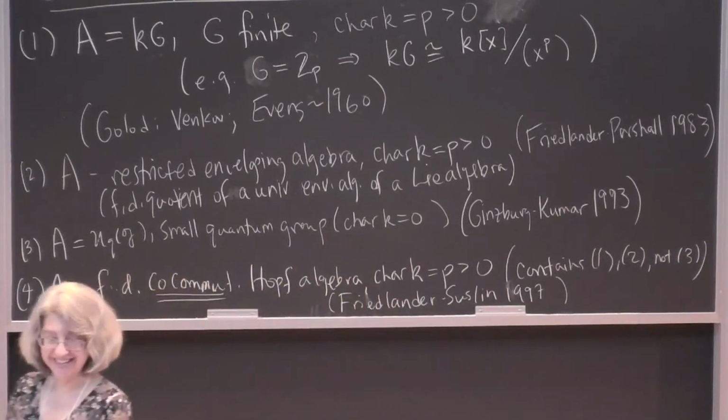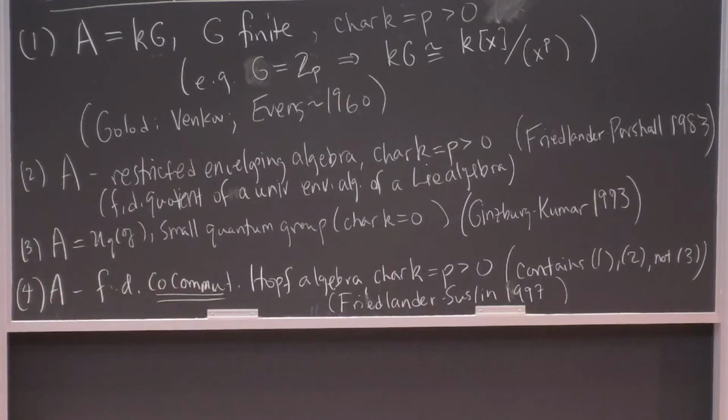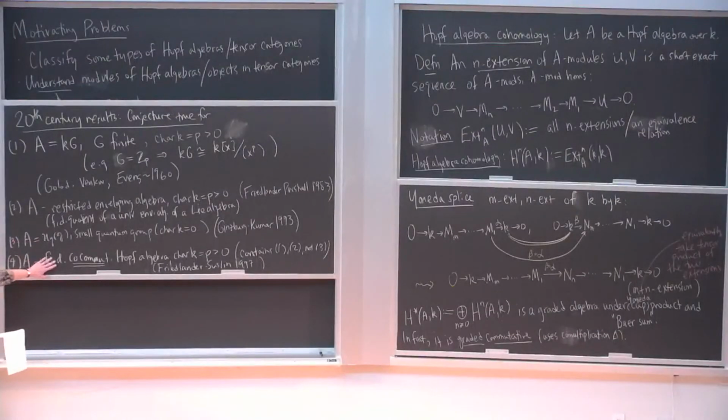Okay. There's more to this story. But maybe I should just say, so why can't we prove it in general, right? Okay, the co-commutative case, that was great. That was a very general result. But it doesn't include the small quantum groups that we'd like to somehow capture in some more general result. Why can't we prove it in general?